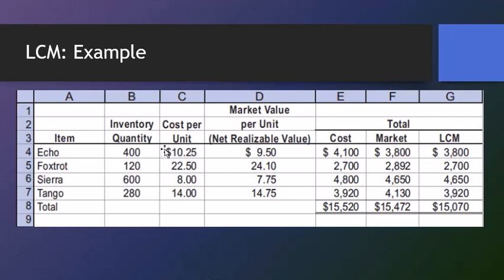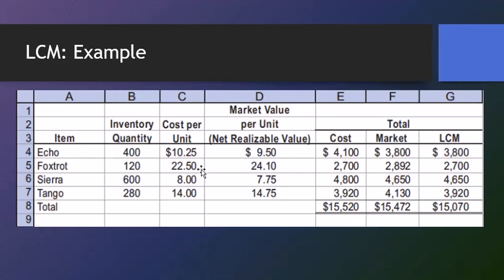Okay, so for the Echo, we paid $10.25 for it. It's only worth $9.50. Okay, maybe nobody wants this product anymore. All right, so our total cost is $4,100. The total market value is only $3,800. We report at the lower of cost or market, which means we have to take that lower number of $3,800. That's going to be the value we report for that item.